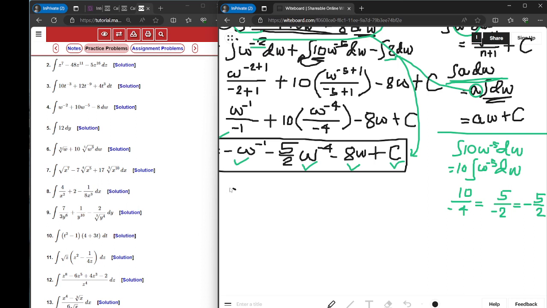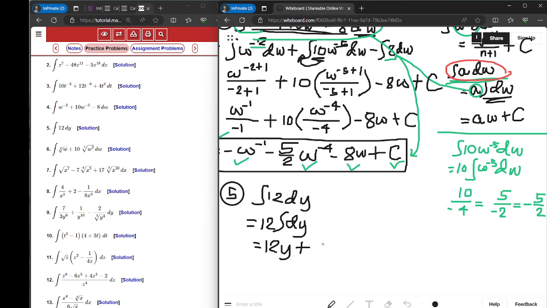For number 5, that's the integral of 12 dy. So it's just the same with this property. Here, let's use another color. This property. So that's equal to 12 integral of dy, or simply 12y plus c.